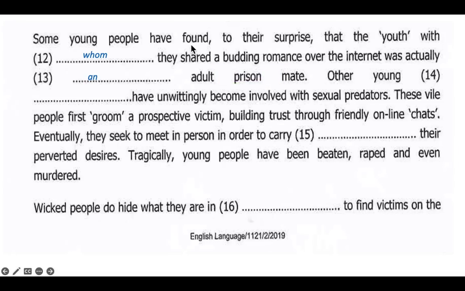Some young people have found, to their surprise, that the youth with whom they shared a budding romance over the internet was actually an adult prison mate.